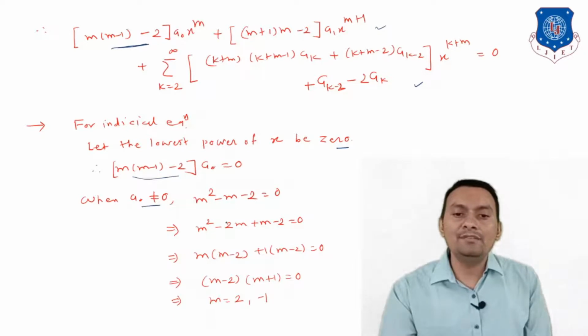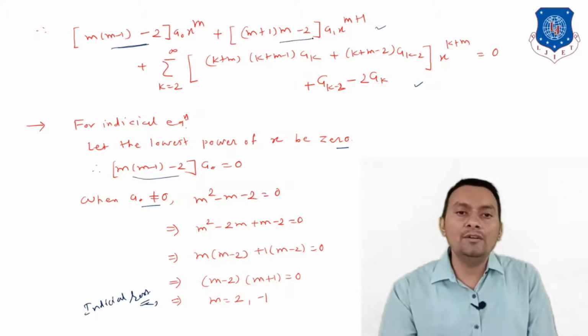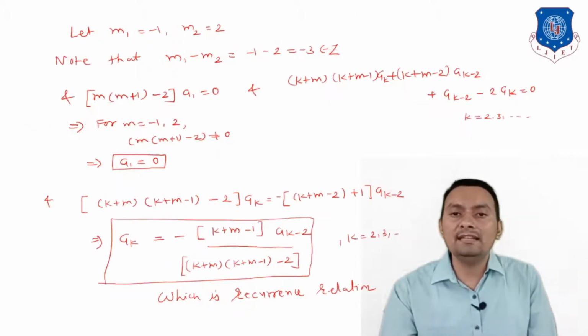So after simplifying that, what you will get, m is equal to n minus 1, and these are the indicial roots. So this is known as indicial roots. And similarly, what I have to compare with this equal to 0, again I have to take this equal to 0, so that you can see that we have m1 equal to minus 1, m2 equal to 2, so the difference is nothing but integer form.